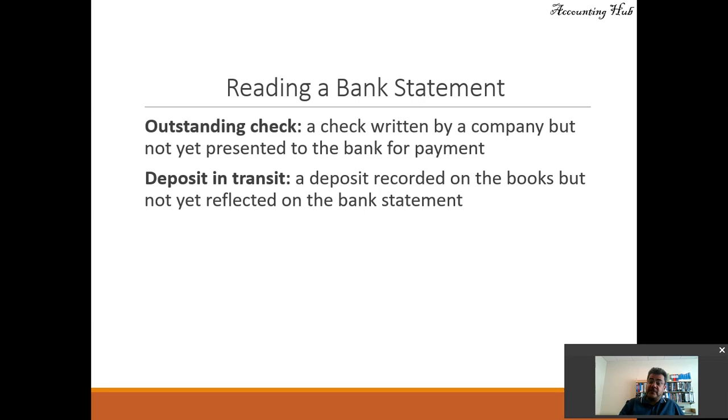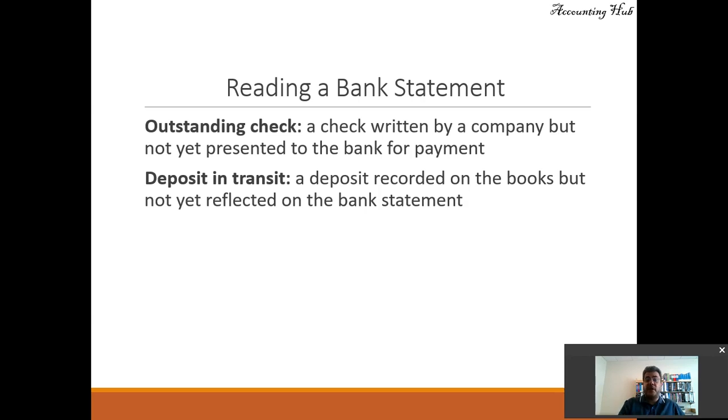It happens especially with the checks written on the 30th, 31st, and so on. The other company, the other person, will not present it to the bank immediately. It can take days. So this outstanding check, I will reduce from my ending balance in my accounting, but it will not be shown in my bank statement.